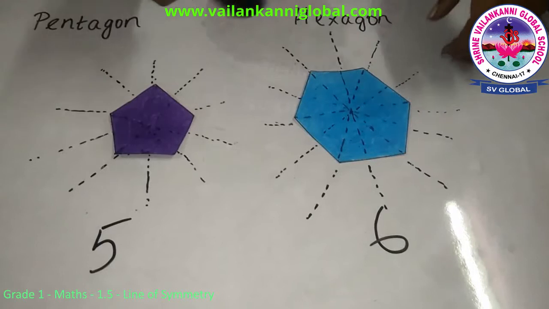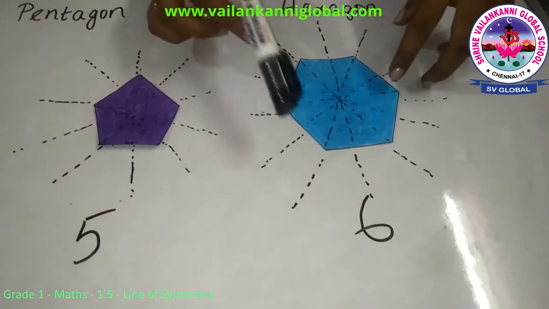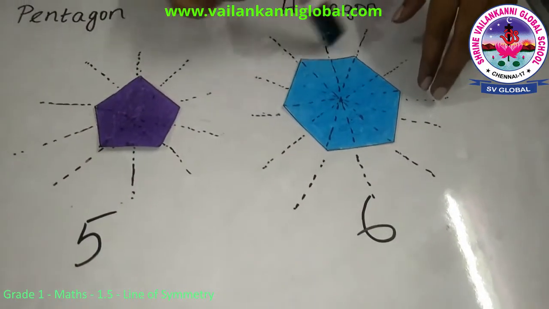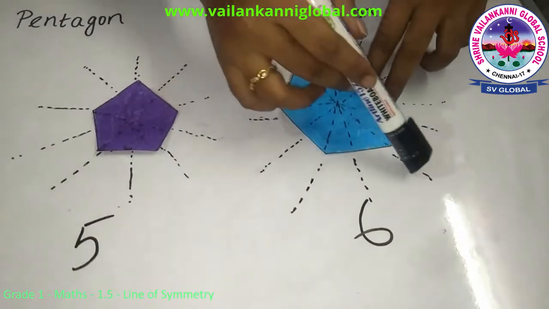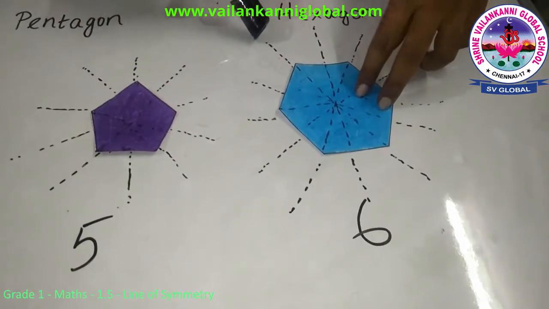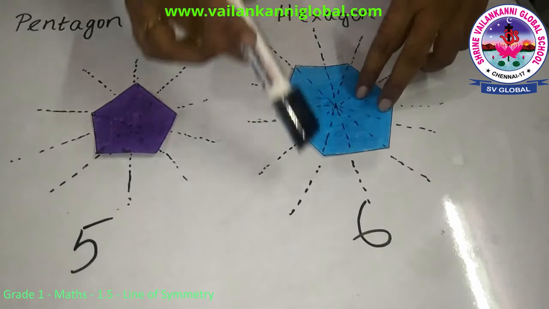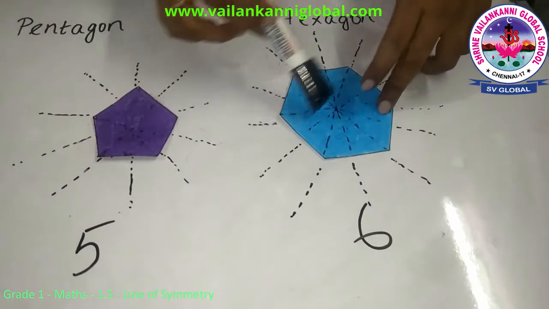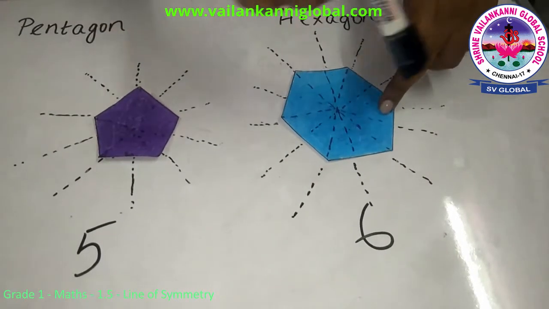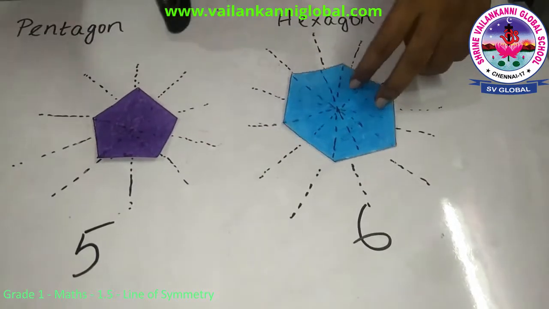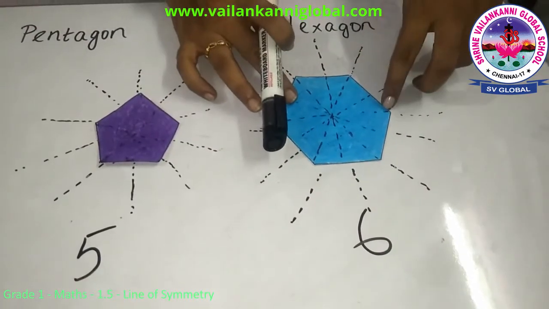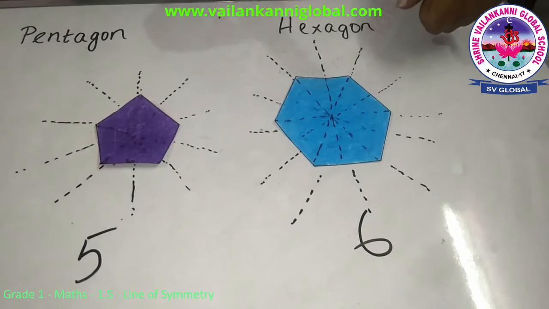Similarly, the hexagon has six lines of symmetry, same as the number of sides. So this is one line of symmetry, this is one, this is one, this is one, this is one, and this is one. So totally there are six lines of symmetry for a hexagon.